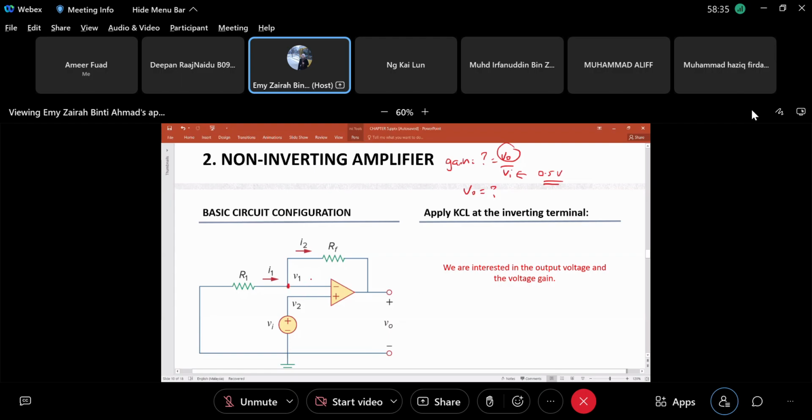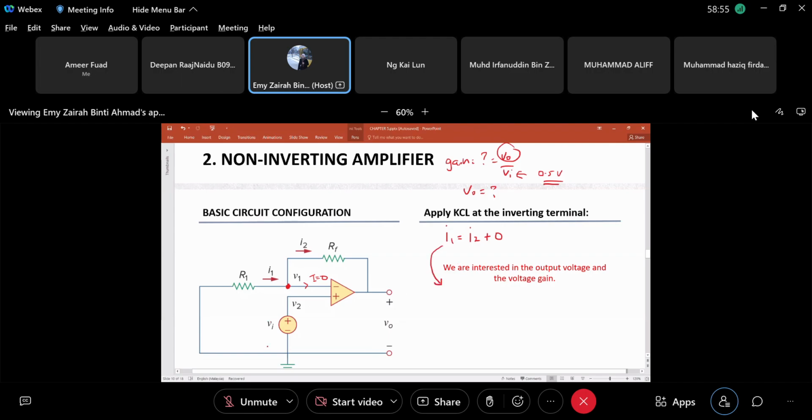And the current flowing through here is 0. That's why it becomes I1 equals I2 plus 0 at this node. So as usual, you expand I1.